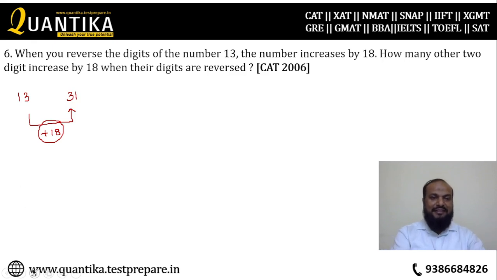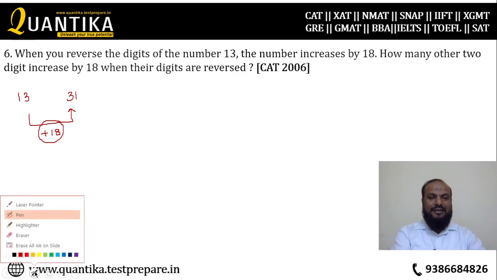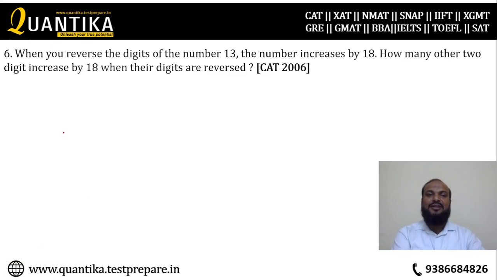Basically, if you try to understand this question using algebra, you are taking a number in the form 10a plus b. When you add 18 to this, it becomes the reverse number, which is 10b plus a. Not a very difficult question in algebra.